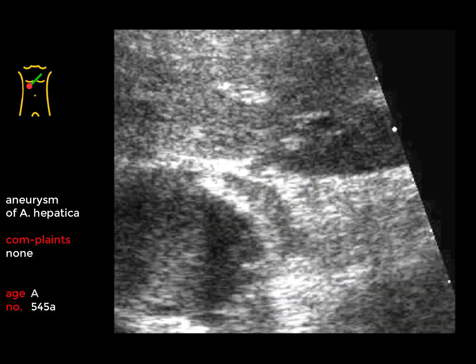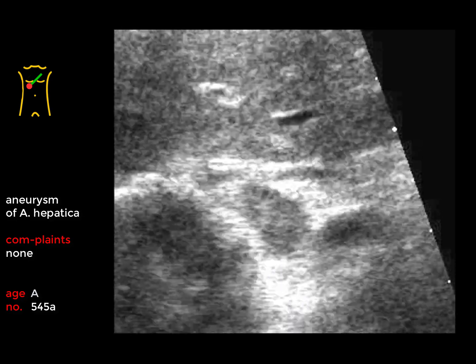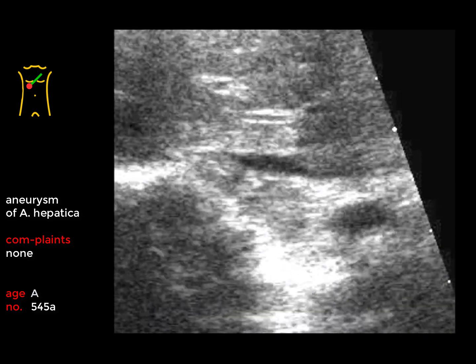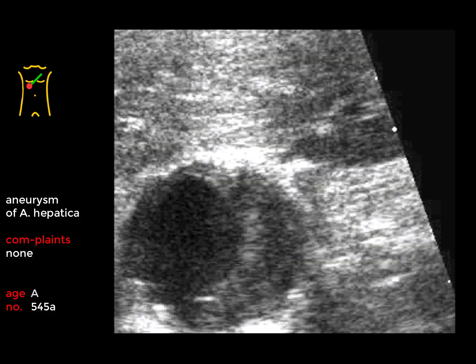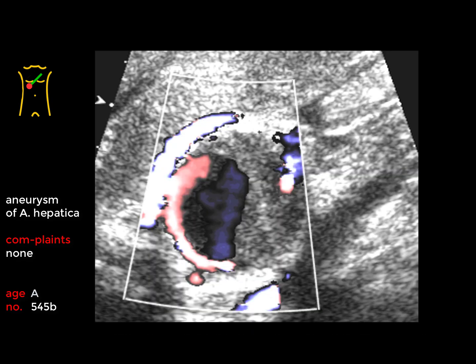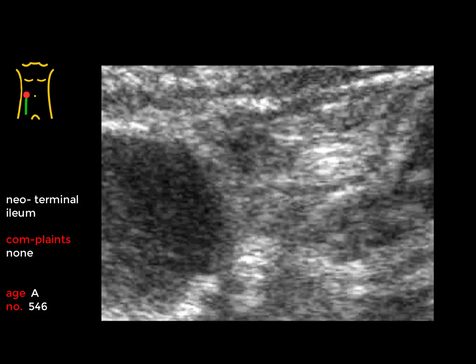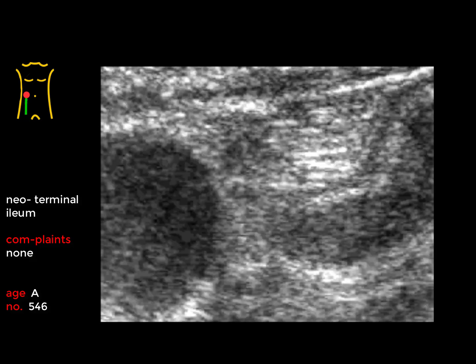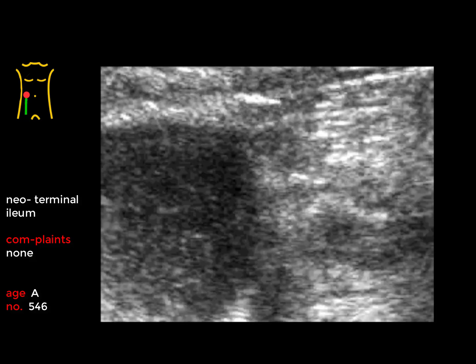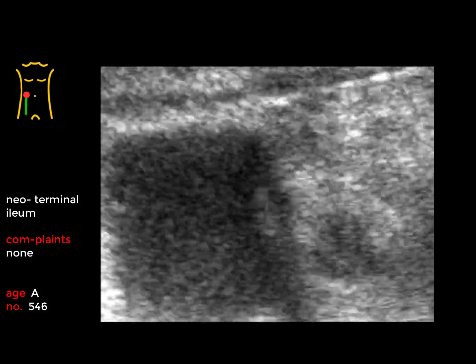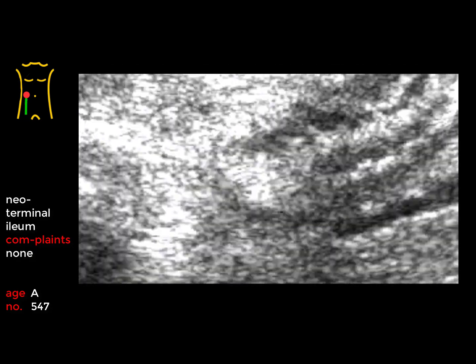Incidentally, here in case 545, an asymptomatic hepatic arterial aneurysm had been noted with a slight intrahepatic congestion in segments 2 and 3. In 546, a postoperative status after ileocecal resection is shown.